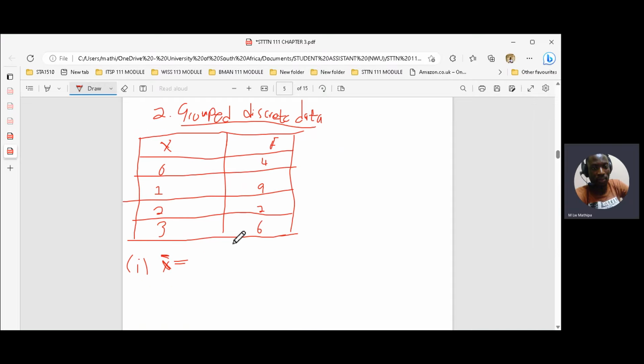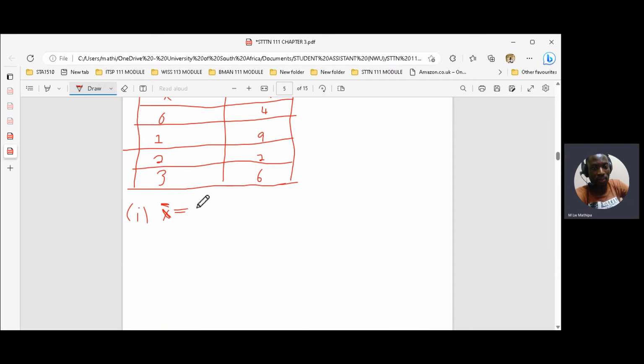Let's check this one here. Let's calculate the mean for this. In this case, we have the summation of f and x.